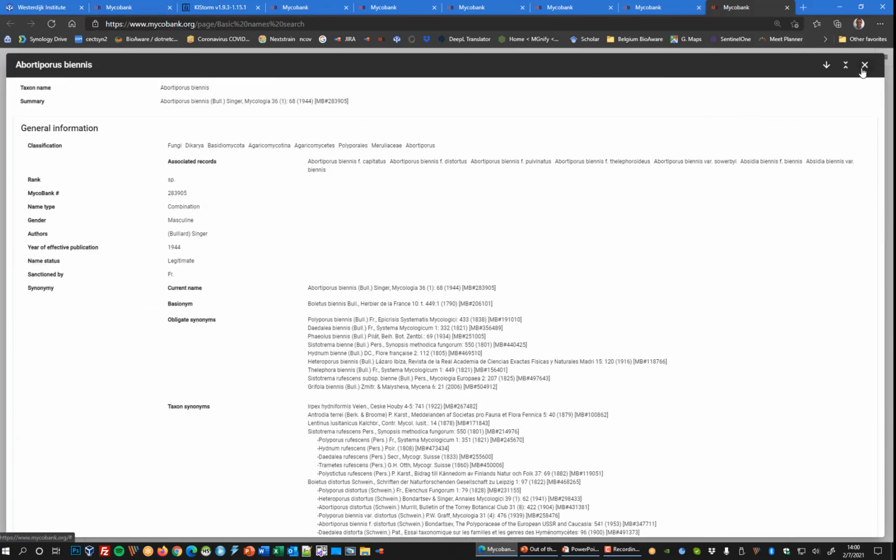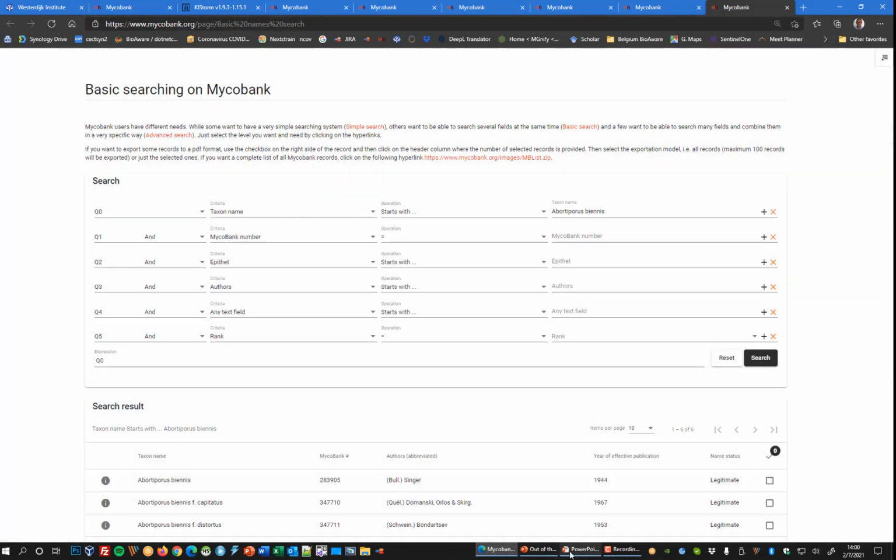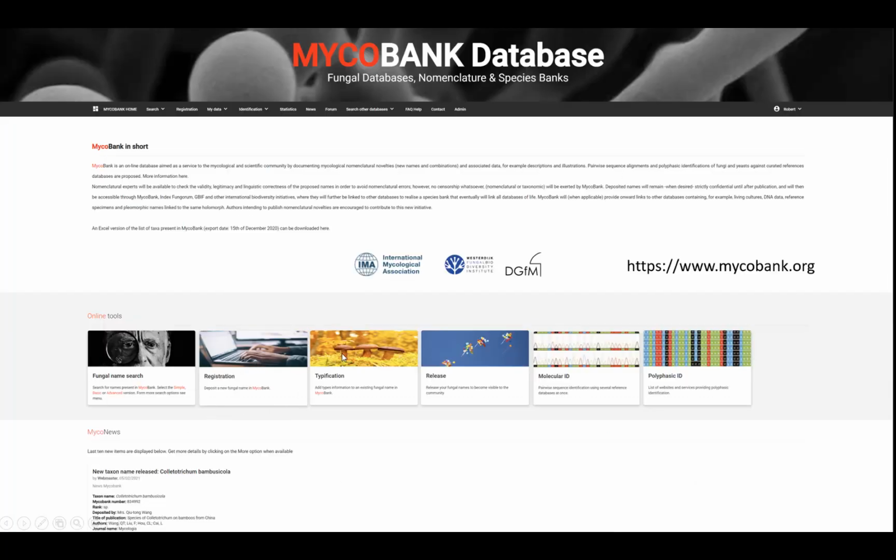So that's quite convenient and interesting for not only the taxonomist, but also for the end users to kind of know what are the properties of those different types of things.